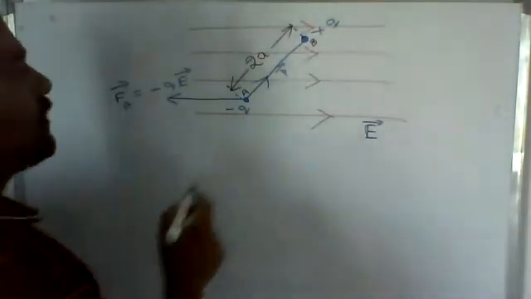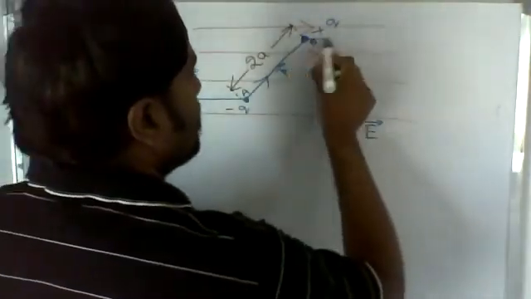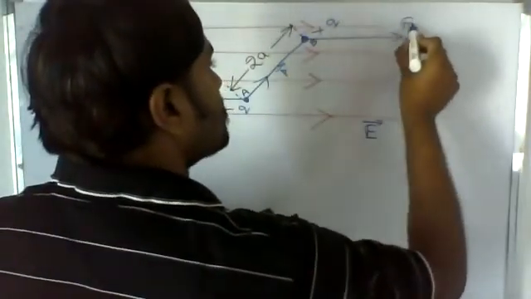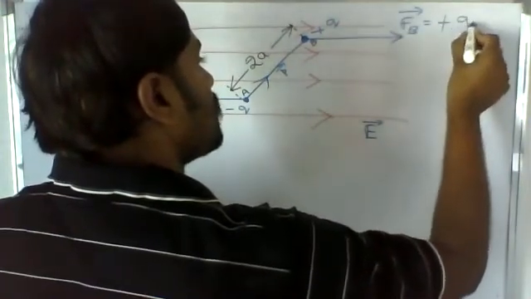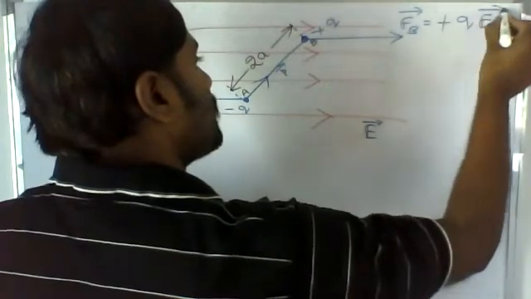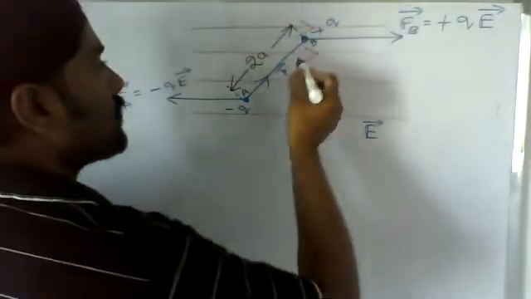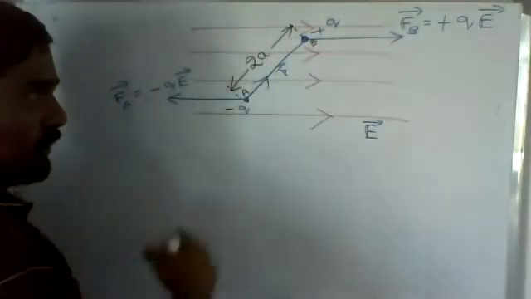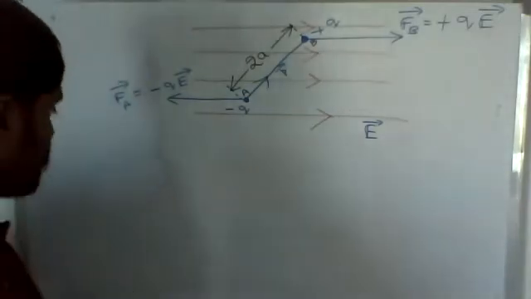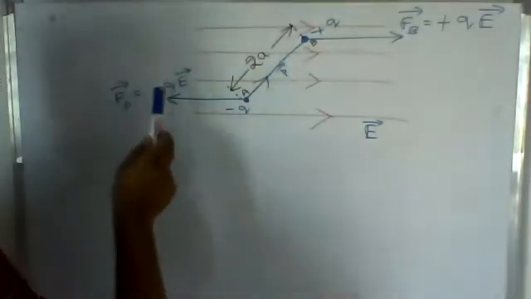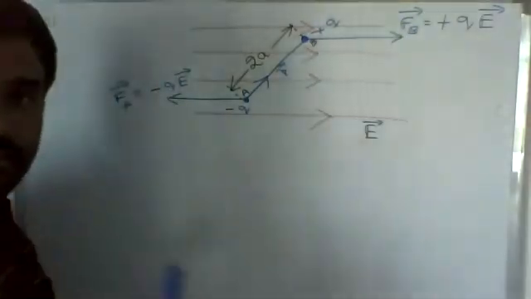And the force acting on plus Q at B due to the electric field is F B vector, equal to plus Q into E vector. So the magnitude of F A vector is QE, and the magnitude of F B vector is also QE.